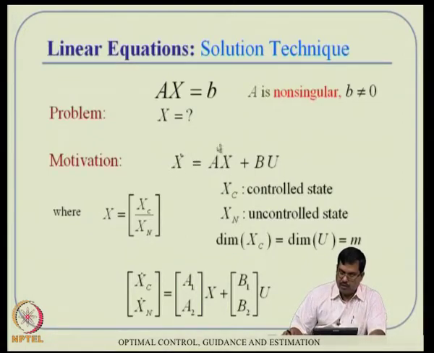This is a typical equation, x dot equal to Ax plus Bu, and let us say we divide this x into control state and uncontrolled state, like xc is the control state and xn is the uncontrolled state, in such a way that the dimension of xc is equal to the dimension of u. So, if I just consider the upper portion of the equation, that means xc dot is equal to A1 x plus B1 u. Remember the dimension of xc is equal to the dimension of u, that means B1 is a square matrix now.